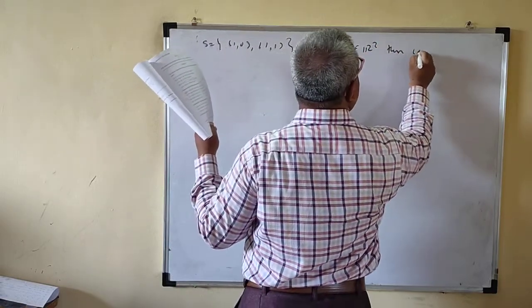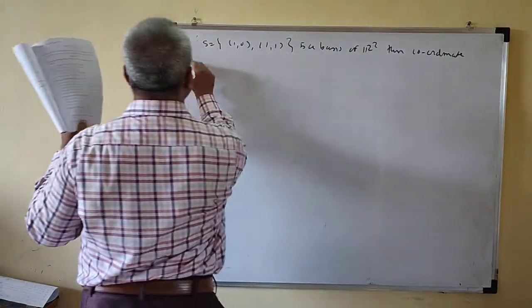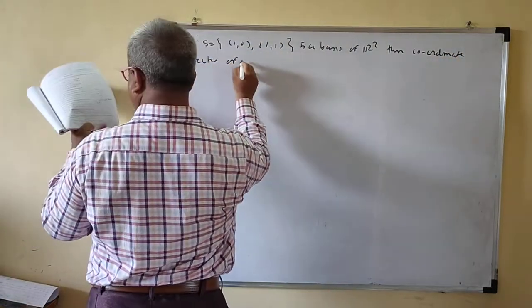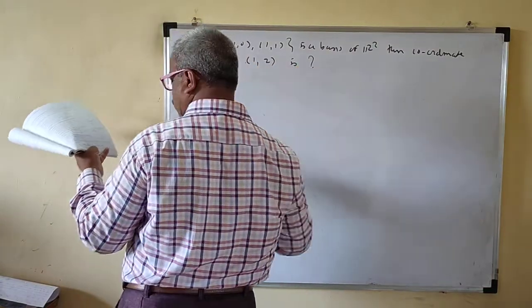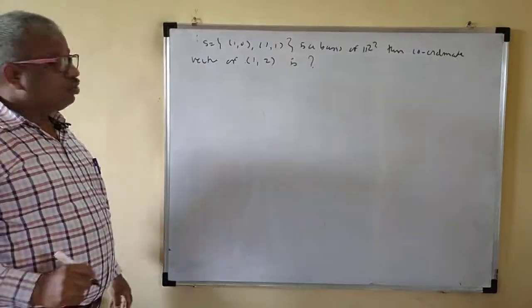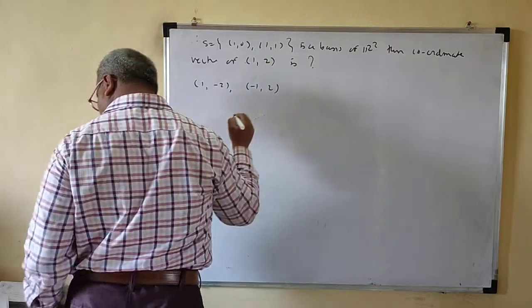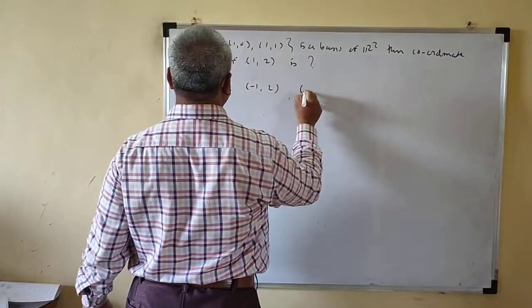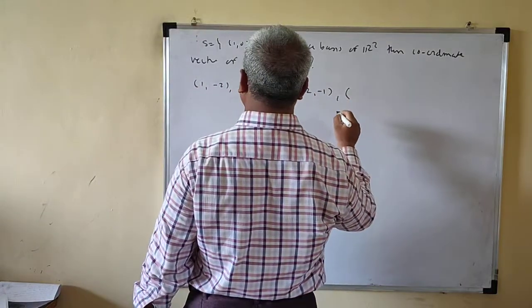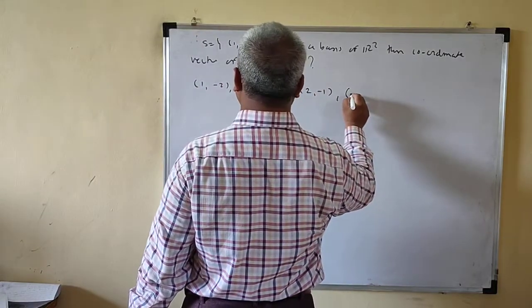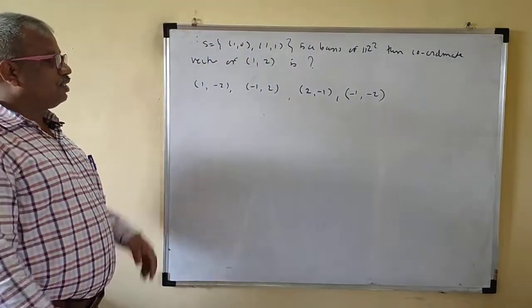Then the coordinate vector of (1, 2) is, and you are given some options: (1, -2), (-1, 2), (2, -1), (-1, -2), suppose. Okay, so 4 options are given.